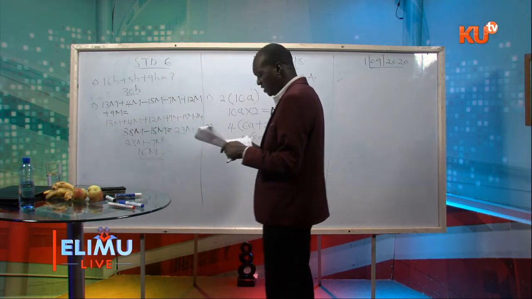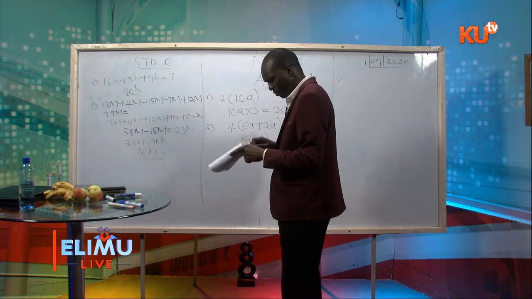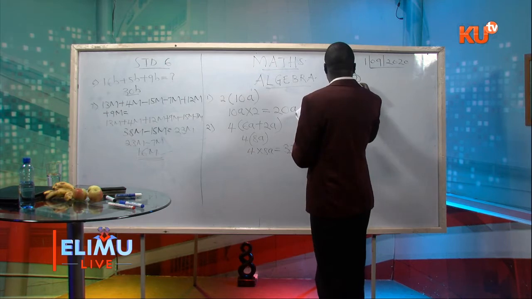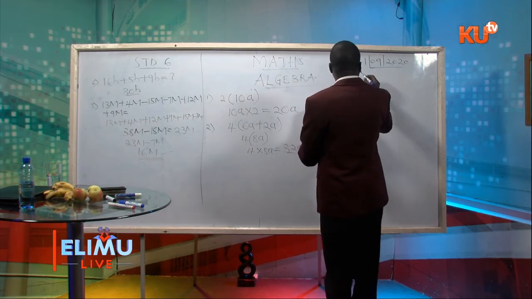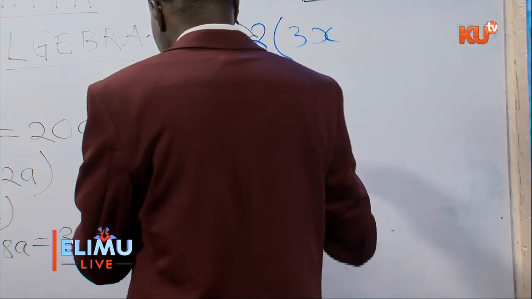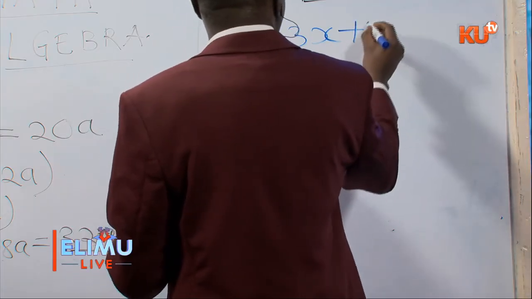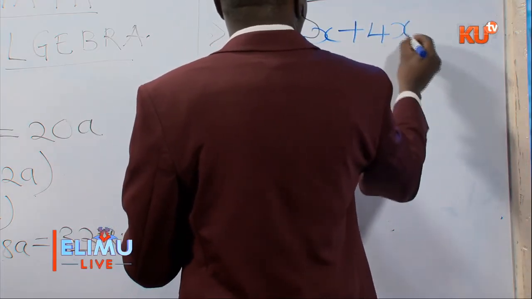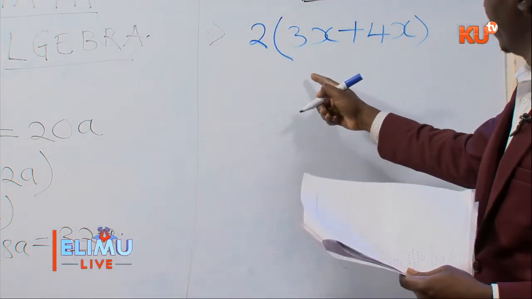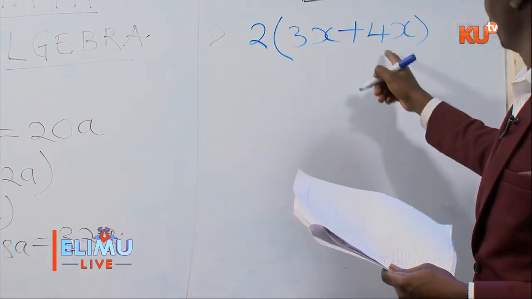We have 2, open the brackets, 3x plus 4x.